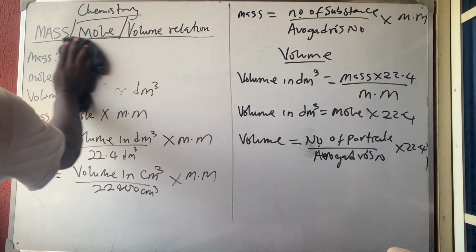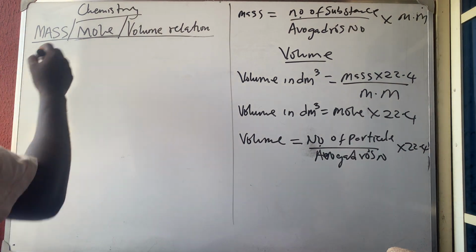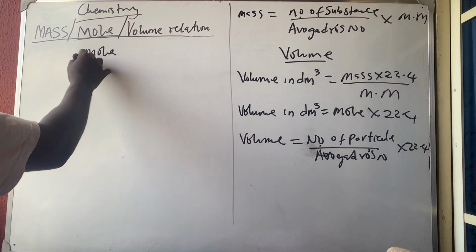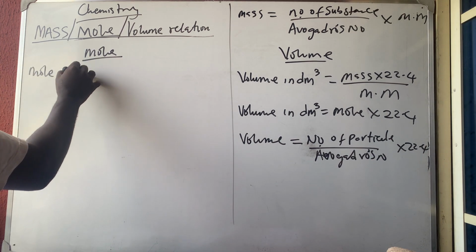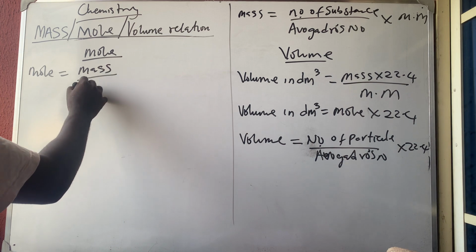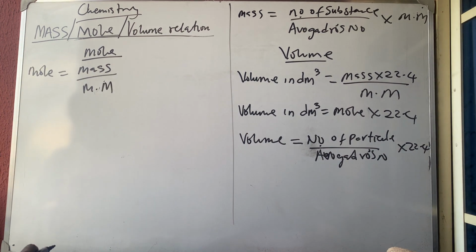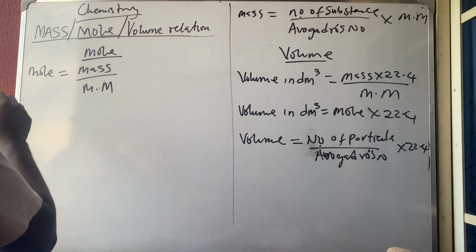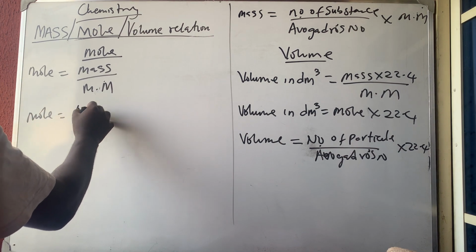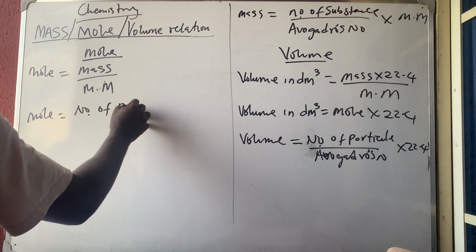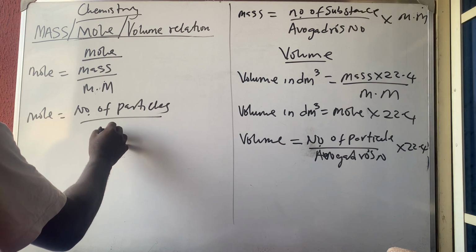So the last one now, another way to get mole. Let's talk about mole now. Mole is equal to mass over molar mass. Another way to get mole is by saying number of particles all over Avogadro's number.